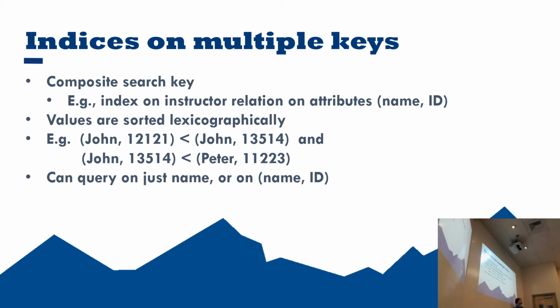So, good news about this. You can query on either the name, the ID, or the combination. What this really allows you to do is have multiple columns that are going to be more quickly queried. Now, what's the disadvantage of this? Think back to what I said earlier. If you're storing more information, it means what? More storage, more processing. What else?